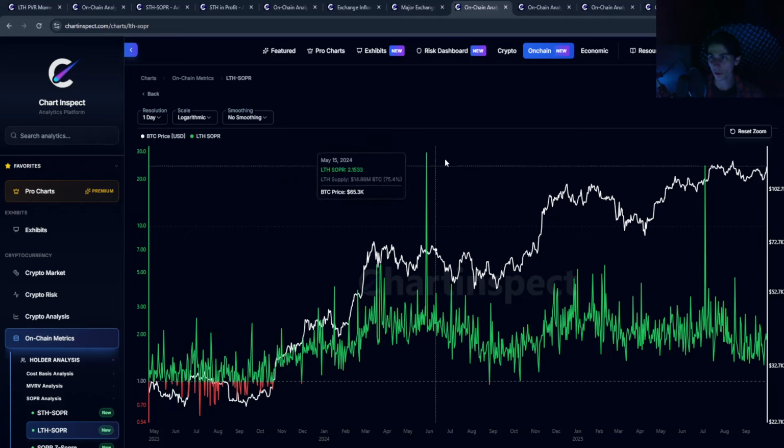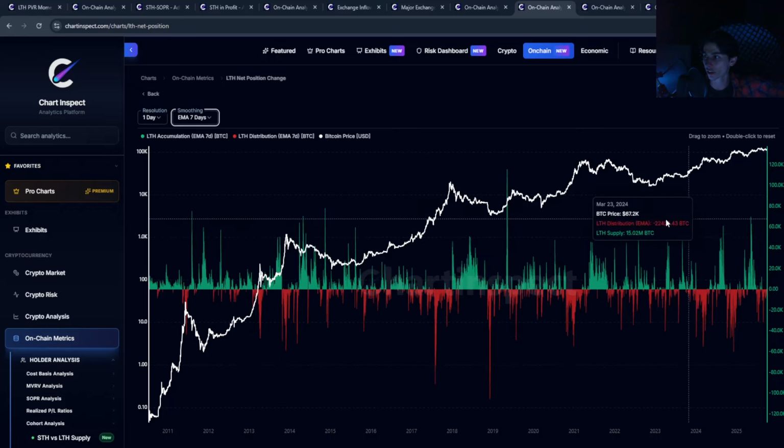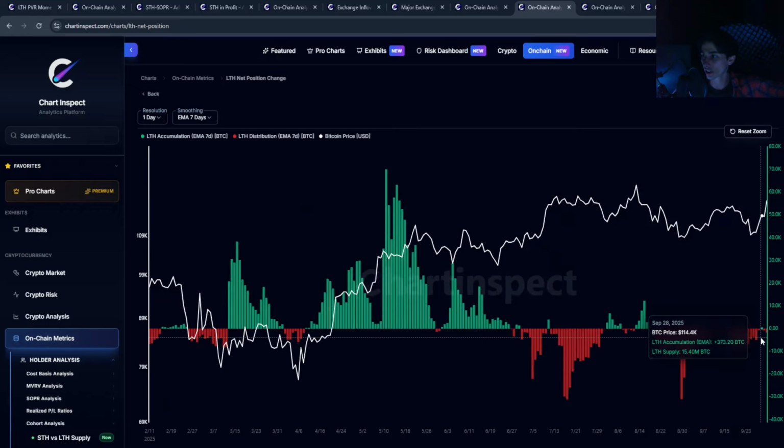So we can take this a step further and look at the long-term holder net position change. This is whether they're reducing their holdings or increasing. And we can see that it somewhat increased during this small dip here. Not by a lot, but by a little.